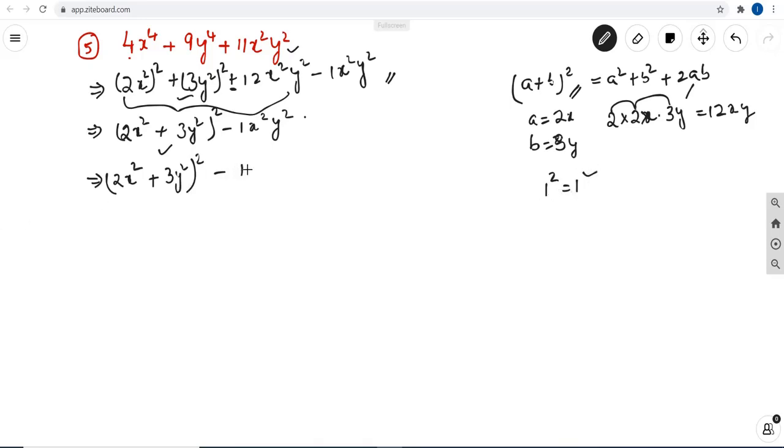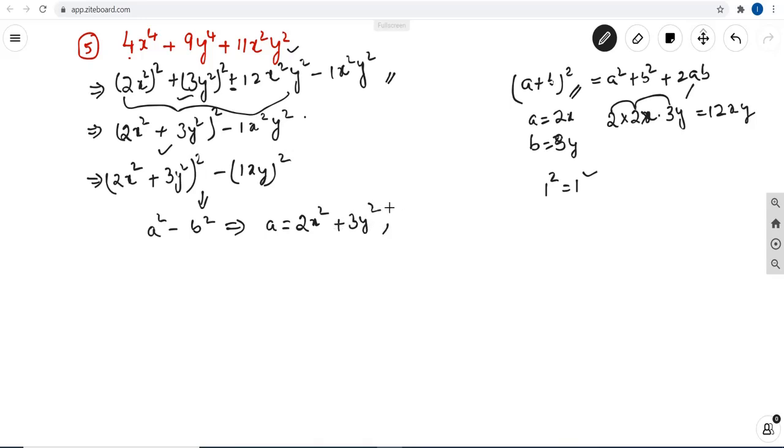So I can write it as (1xy) to the power of square. So this is in the form of what? A square minus b square. So what is a here? I will write down here only: 2x² plus 3y².